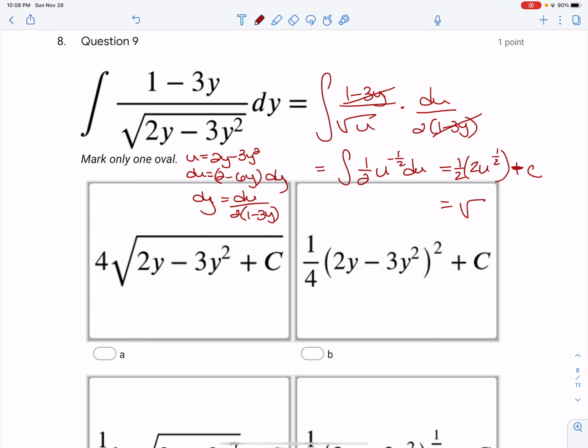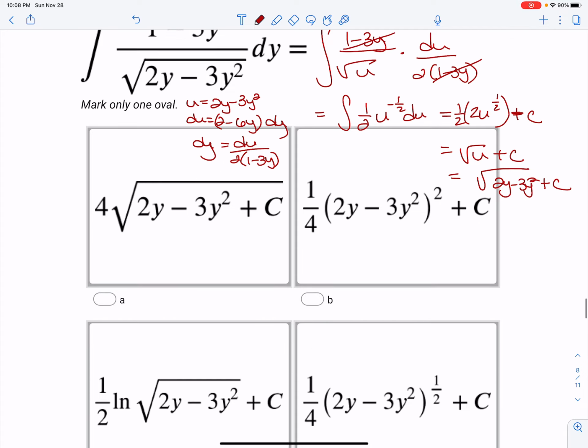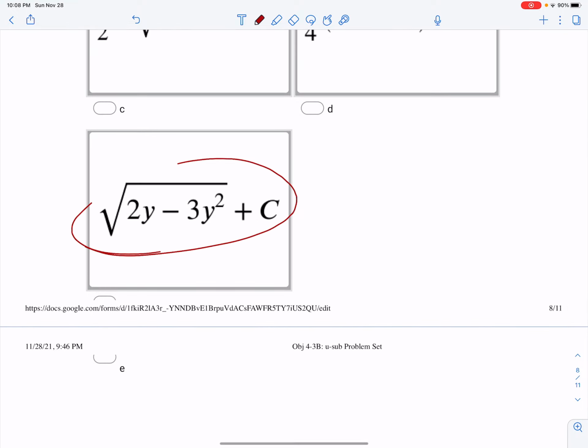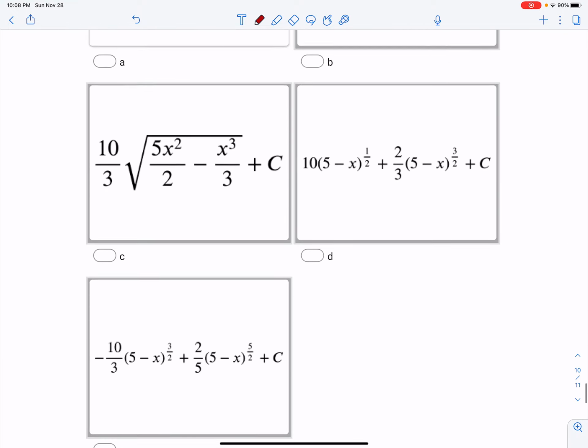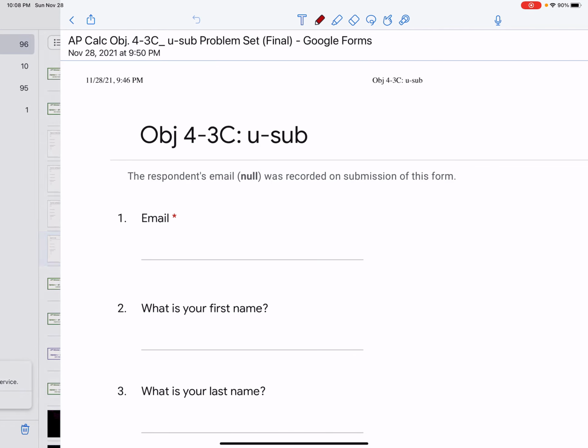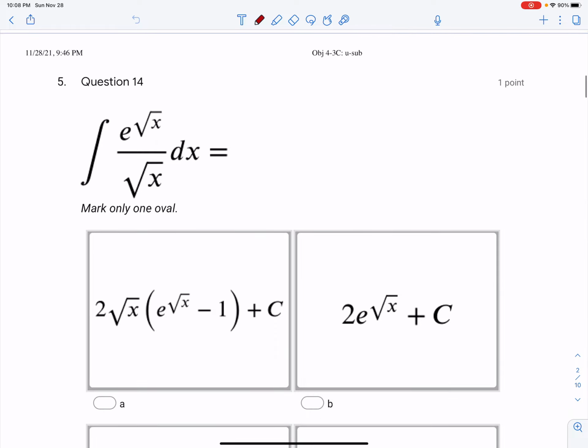So this is just root u plus c. So this is the square root of 2y minus 3y squared plus c, which is this guy here. And then we skip this one, and we're to the end of the Google form. So then we go to the next one, and we do the first one this time.